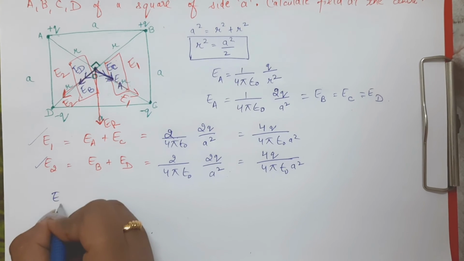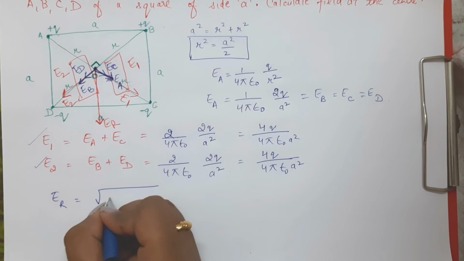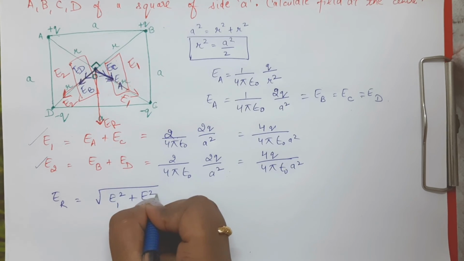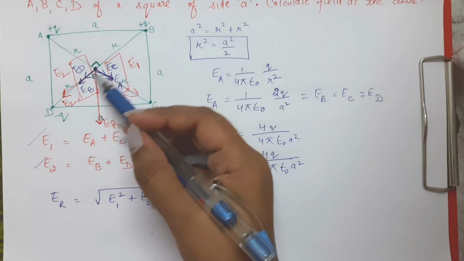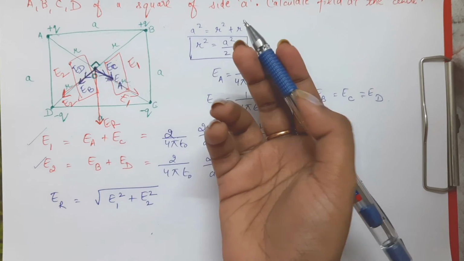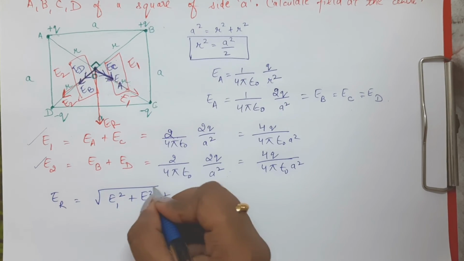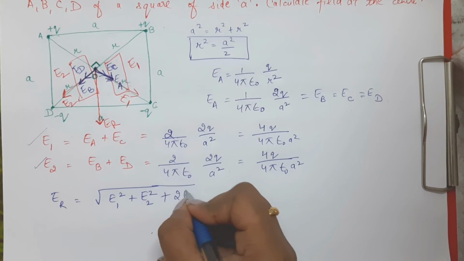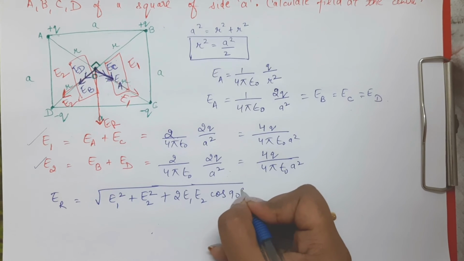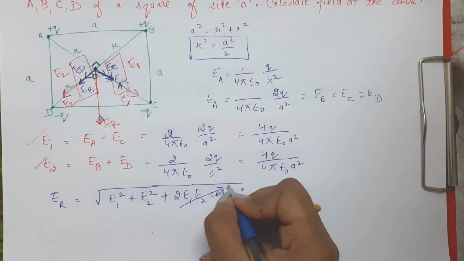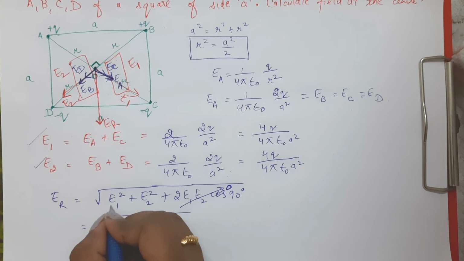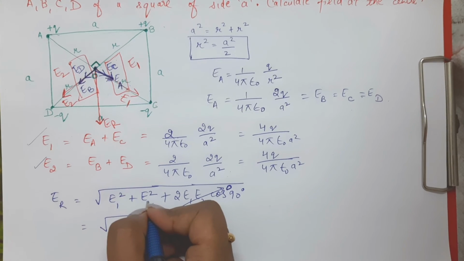ER will be root under E1 square plus E2 square, right? Why? Because these are perpendicular to each other, so theta between them is 90 degrees, right? So if you consider overall, it will be 2E1E2 cos theta. Theta is what? 90 degree. Cos 90 degrees is 0, so it will become 0. So we will be having ER equals to root under E1 square plus E2 square.